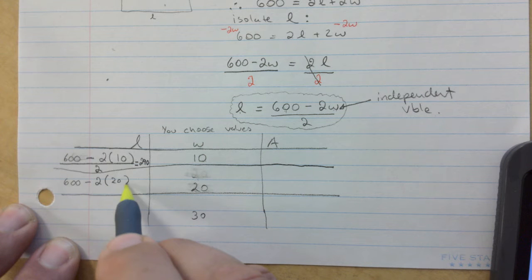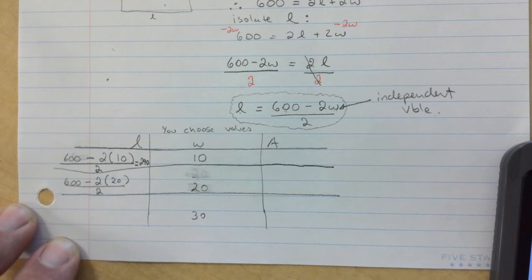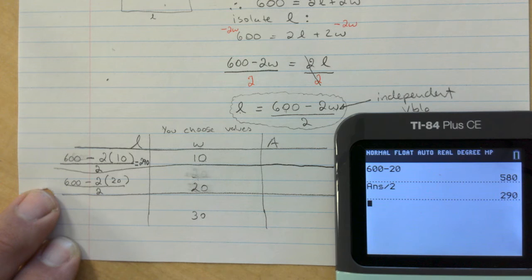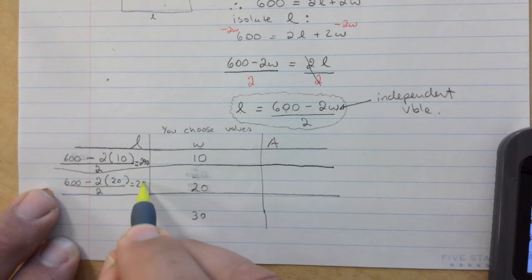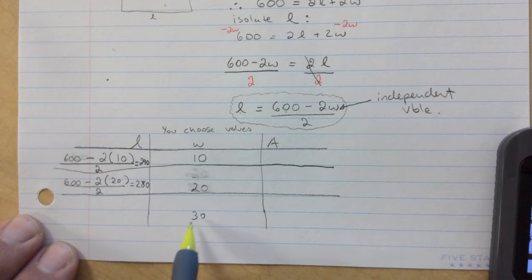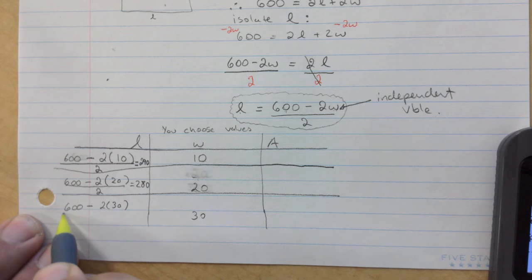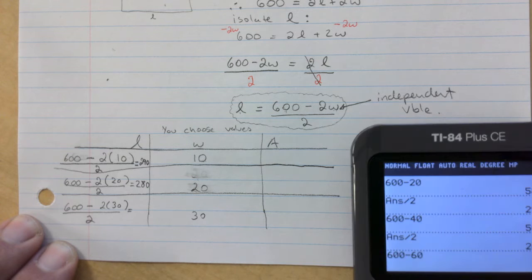The biggest mistake I find is that folks don't divide by whatever it's supposed to be divided by. So this would be 600 minus 40, and you divide that by 2, and you get 280. Then you have 600 minus 2 times 30. So you can see how it's very important to get this right. That'd be 600 minus 60 on my calculator, divided by 2, that's 270.